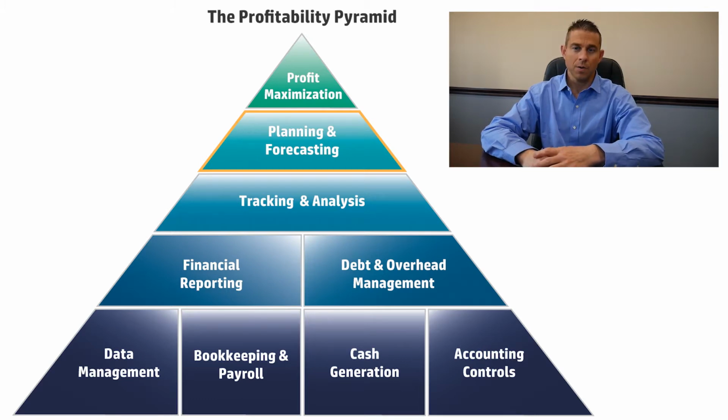As you go through the profitability pyramid, you're going to see that you're going to be using different financial reports along the way, but not all of them at once. It is critical that you have an understanding of all of the items that make up your overhead so that you can accurately project which ones will continue and which ones will not.